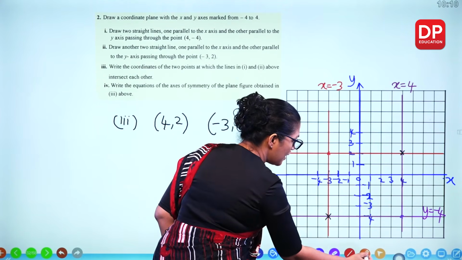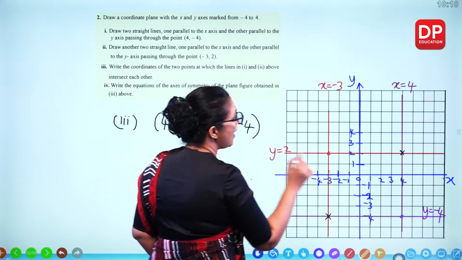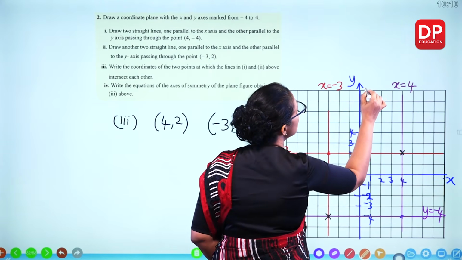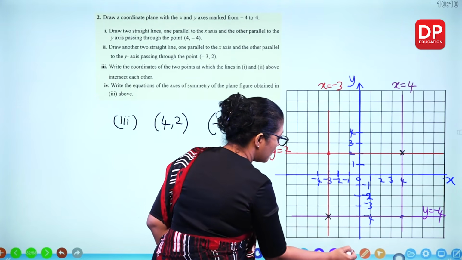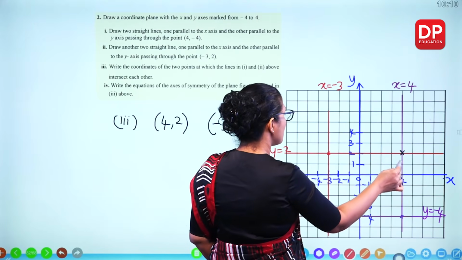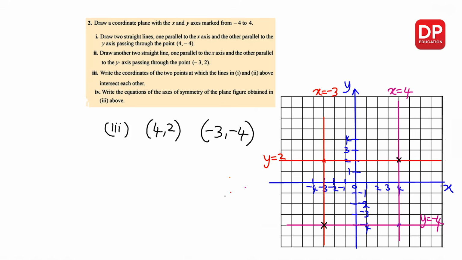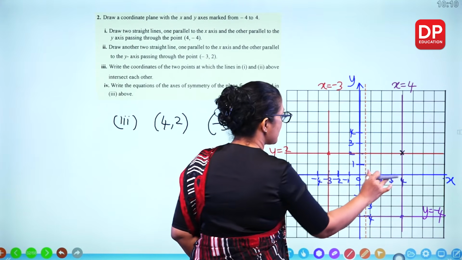So, you get the line in the middle. So, this is the axis of symmetry. So, I'll take this one. So, this is the line divided into 2 parts.